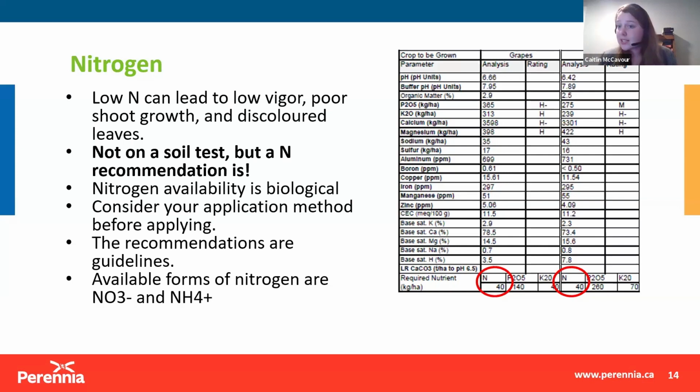You may also find that the application rate may be too high for what your specific requirements are for variety. So keep in mind that this is largely based on the crop. There's no varietal differences in these recommendations.